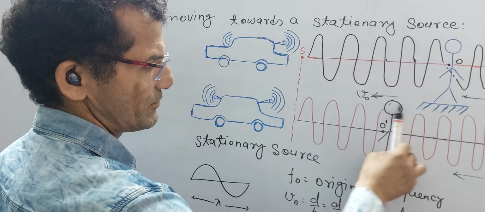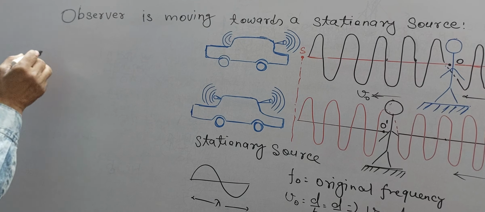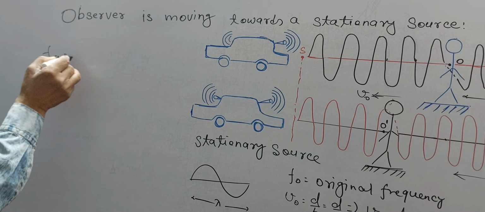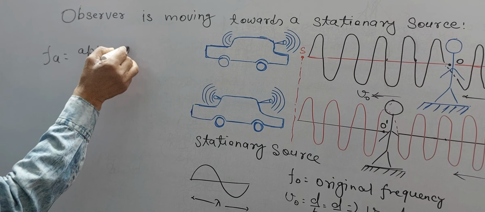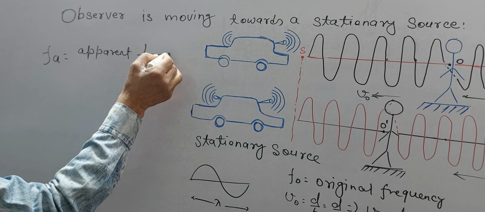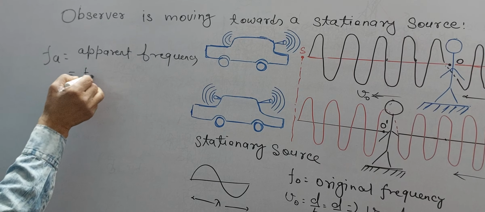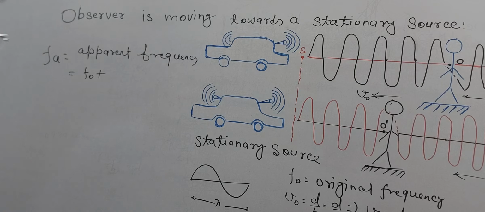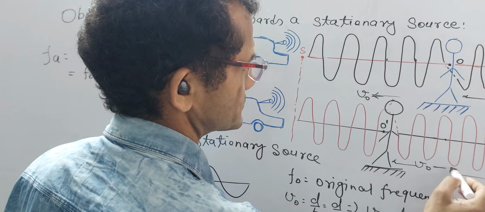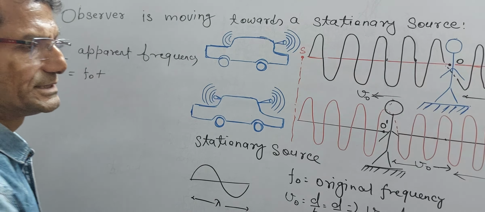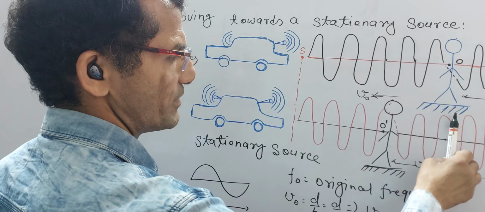So therefore the apparent frequency is equal to the original frequency plus the extra waves. The observer traveled a distance v0 in 1 second, and how many waves does this contain?